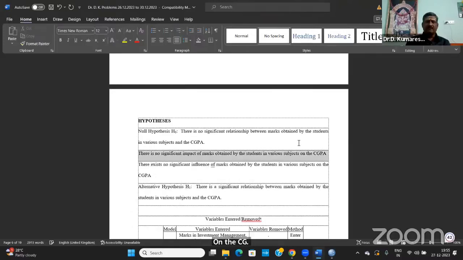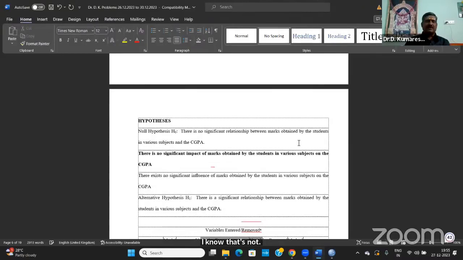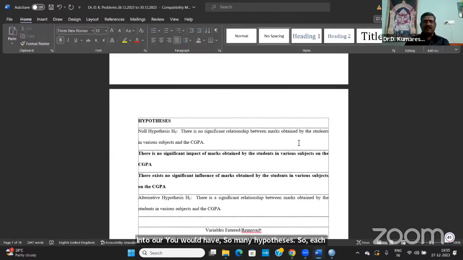Why different formats are given is, in your thesis, you would have formulated so many hypotheses. So each hypothesis may be formulated or written in different ways in order to avoid monotonousness. So this is called the null hypothesis.